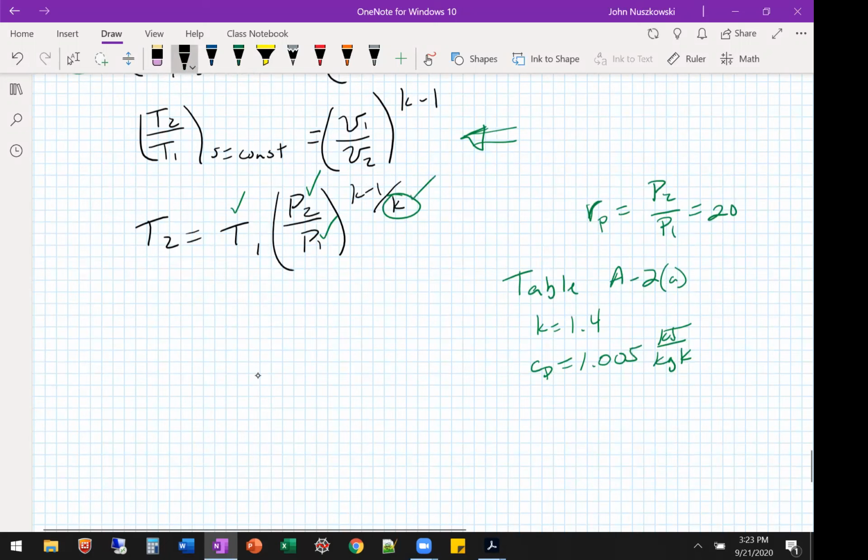All right, so then we get T2, and T2 is 706.1 Kelvin.